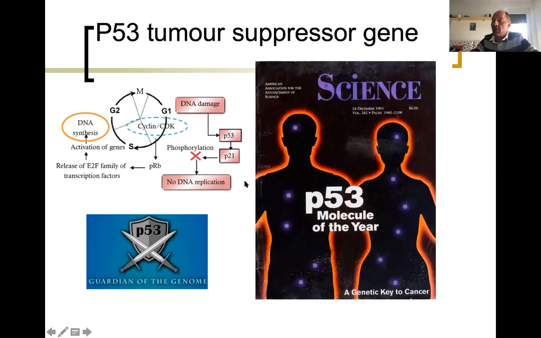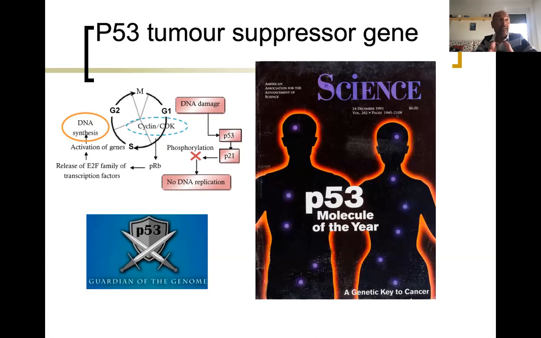It's a very famous gene. I mean, it was discovered a few years ago. You see, this is the cover of Science of 1993. In 1993, P53 was the molecule of the year, because when they discovered the guardian of the genome, they thought, okay, we now have the key to stop cancer, because everything is related to P53.